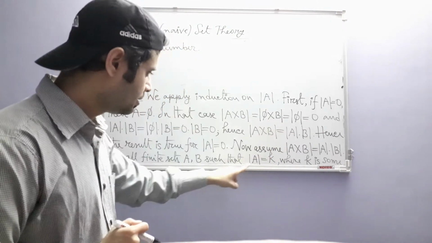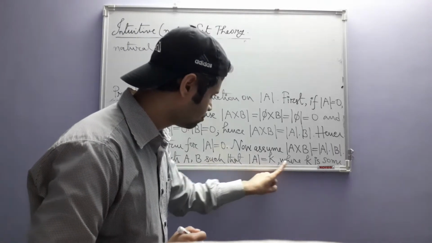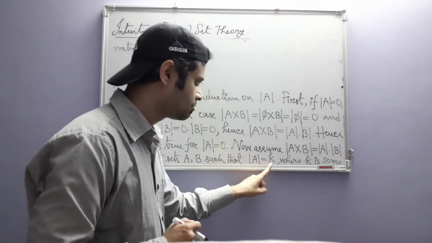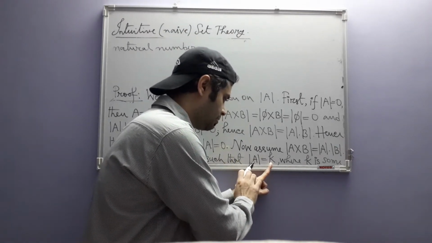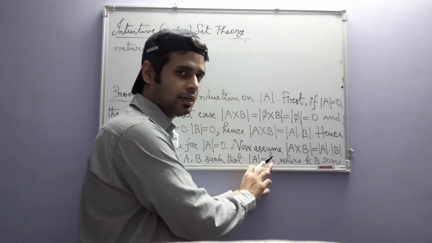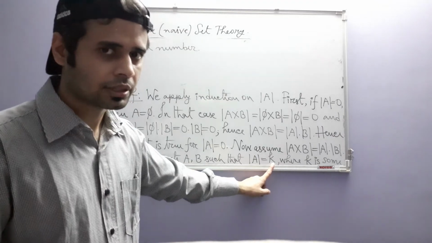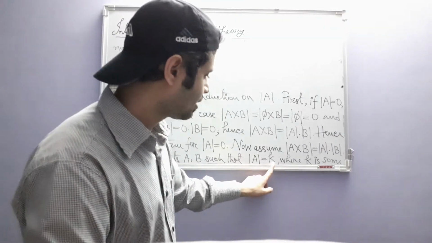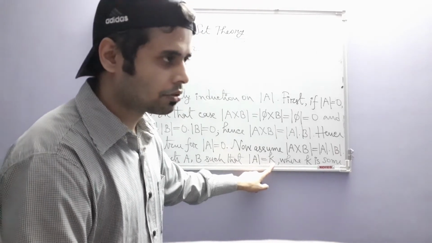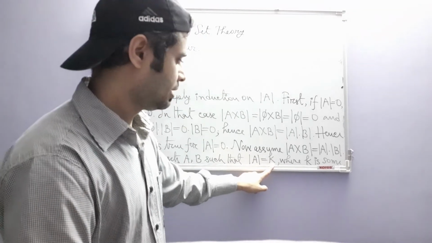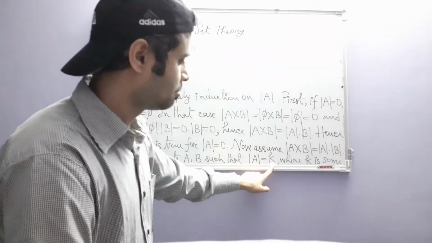You see, we are assuming that this formula is true for cardinality of A equal to k. Now, that does not mean that there is only one set A with k elements. There are infinitely many sets with k elements. For example, you can have a set of k oranges, or k apples, or k protons, k numbers, k irrational numbers, k rational numbers.